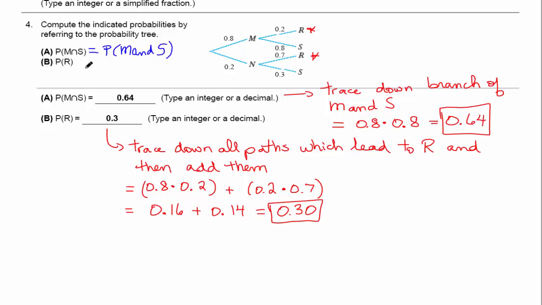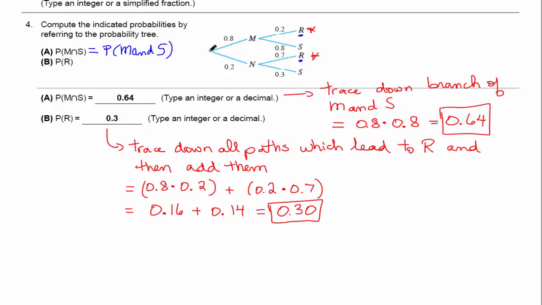And in the second part of this, find the probability that it is R. Well, how do I get R? Well, notice R is here at the end of two different branches. So to find the probability of R, I simply trace down each path and then add up those numbers. So going down the first path, it's 0.8 times 0.2, which is 0.16.